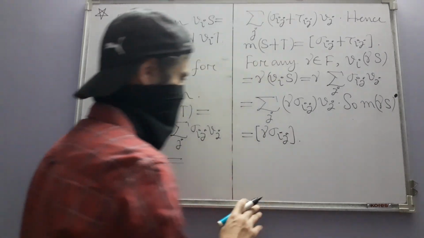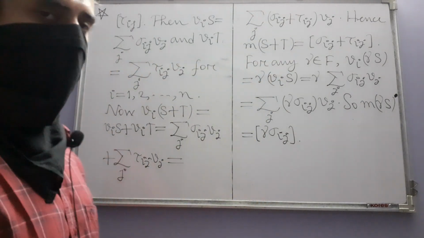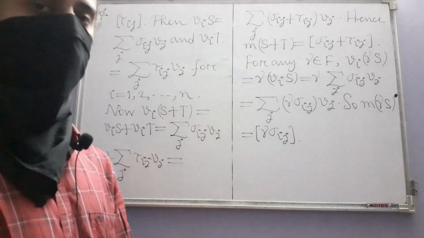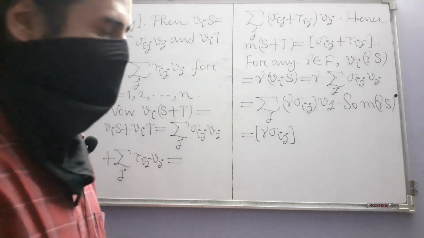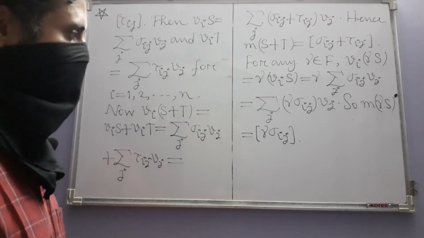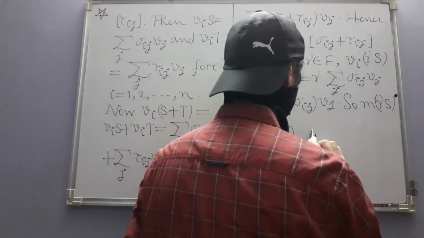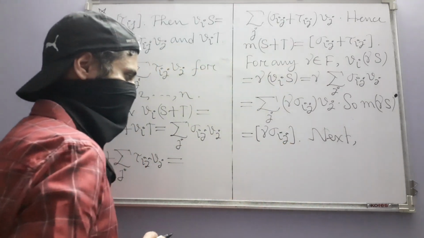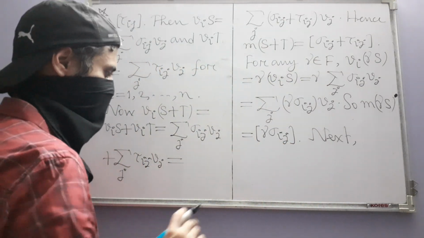However, there is one somewhat complicated thing, which is the matrix of the product of S and T, ST. That is the thing we are now next going to calculate. Next, this calculation has to be done somewhat carefully.